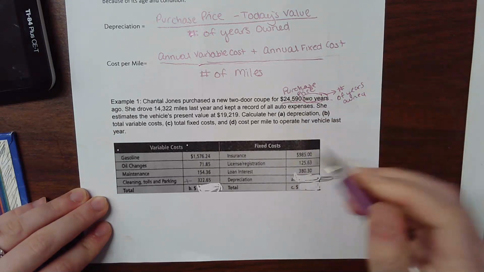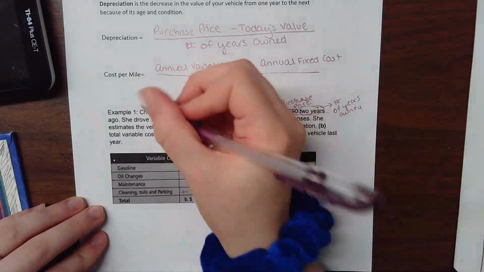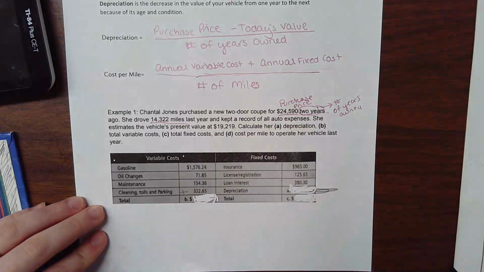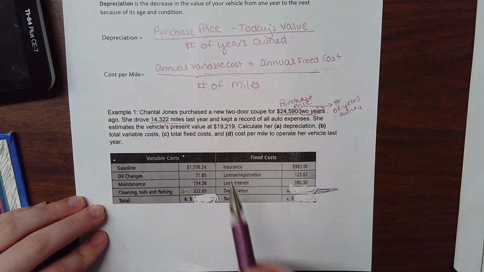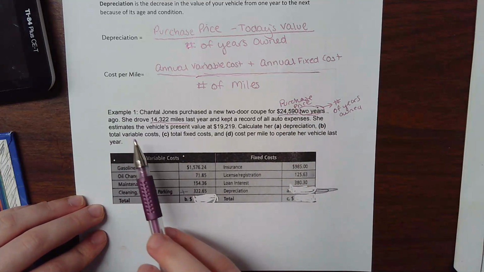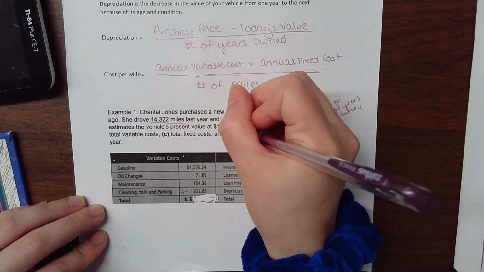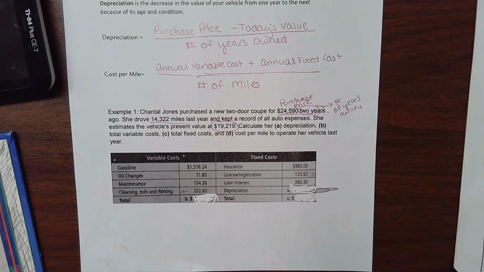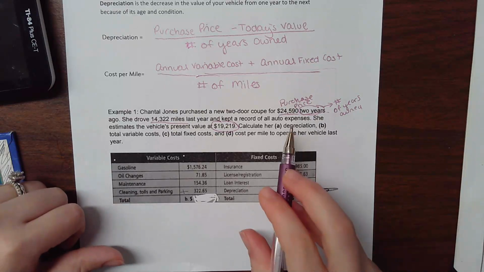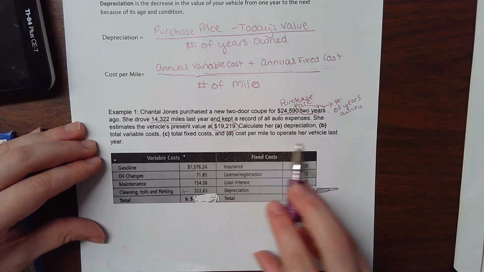So I already see that I have two things at the top. She drove 14,322 miles, so that'll go here, last year, and kept record of all the auto expenses. She estimates the vehicle's present value, okay, so today's value, as $19,219. Calculate her depreciation, her total variable cost, her total fixed cost, and the cost per mile to operate her vehicle last year.